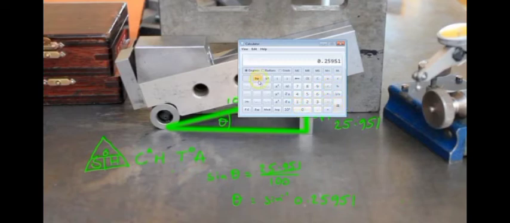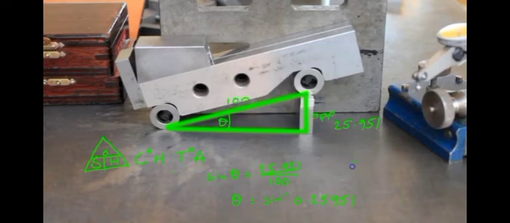Sine to the minus 1, so inverse sine. So the angle that we've actually inspected there isn't 15 degrees, but 15.041, which is amazing considering with so little equipment we've managed to inspect to a thousandth of a degree.